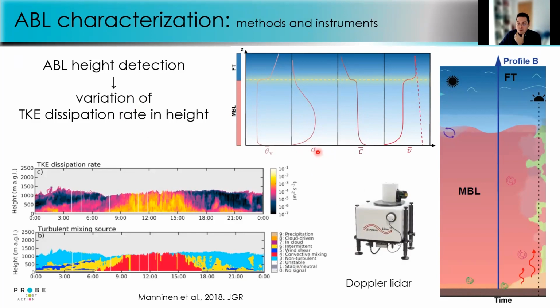And we can also use the standard deviation of the vertical wind speed determined with the Doppler lidar, which can be used to determine the turbulent kinetic energy dissipation rate. That can be seen here in this quick look from the paper by Bravo-Aranda et al., 2018. With these values, we can determine not only the ABL height, but we can characterize the different sublayers within the ABL, which is the next step.